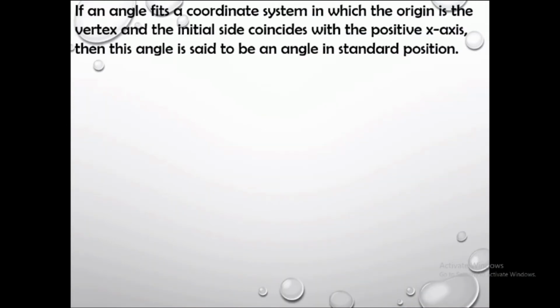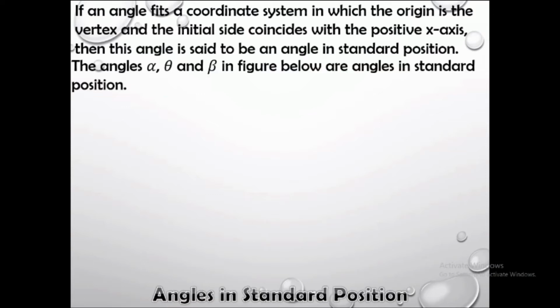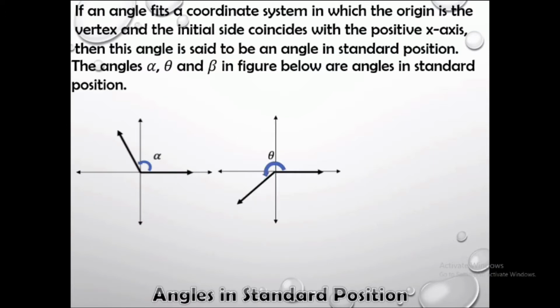If an angle fits a coordinate system in which the origin is the vertex and the initial side coincides with the positive x-axis, then this angle is said to be an angle in standard position. The angles alpha, theta, and beta in the figure below are angles in standard position.